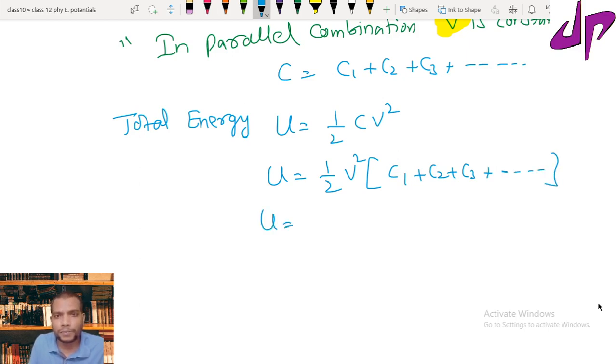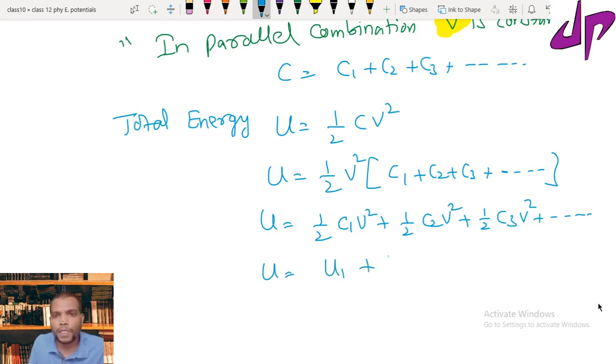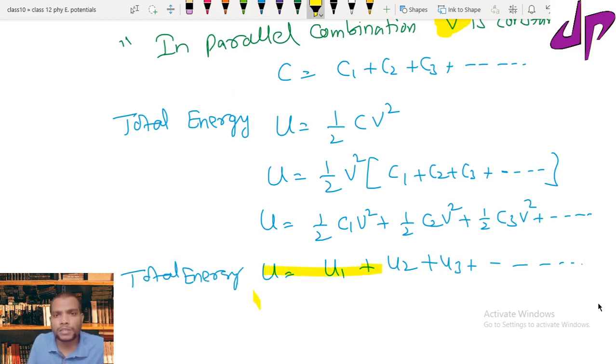Now if you split this expression, half C1 V square plus half C2 V square plus half C3 V square and so on. This is also equal to U1 plus U2 plus U3 and so on. Therefore the total energy is the algebraic summation, the sum of the individual energies, in both the series combinations and the parallel combinations. So this is the key point.